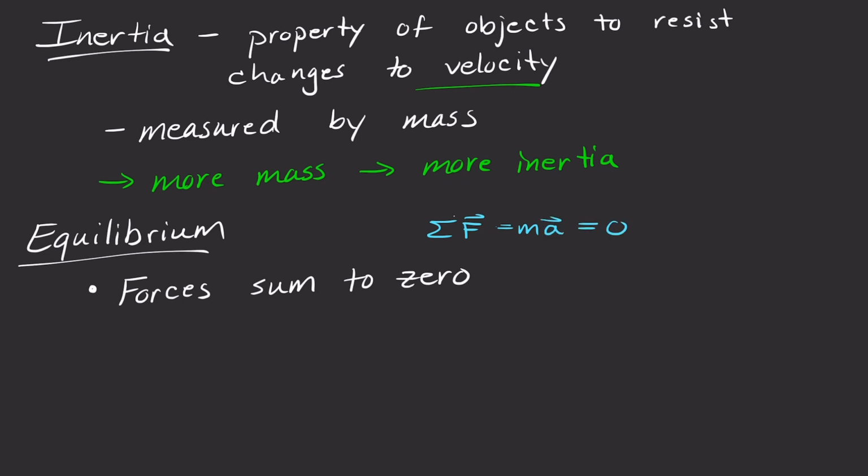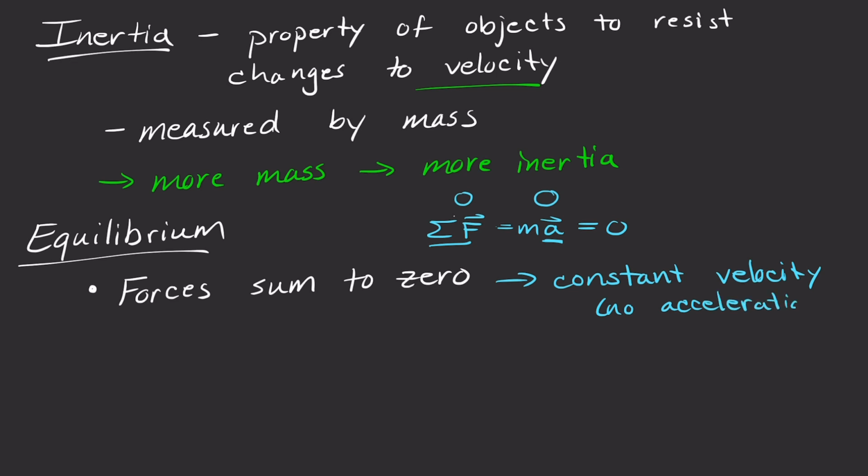If this all equals zero, then this must equal zero and this must equal zero. Well, I know my mass isn't zero, so if the net force is zero, that must mean my acceleration is zero. So this means you're going to move at constant velocity or you're not going to accelerate. So no acceleration.